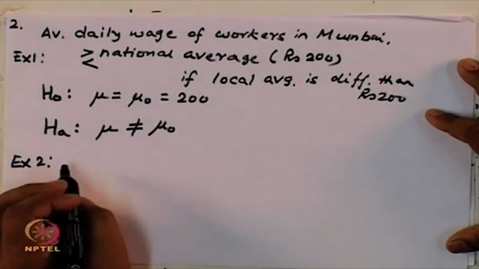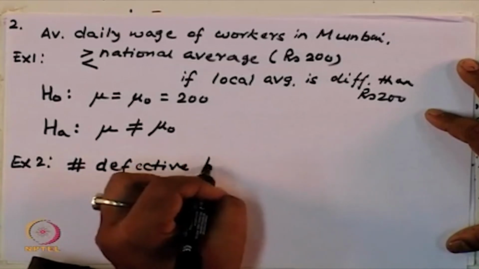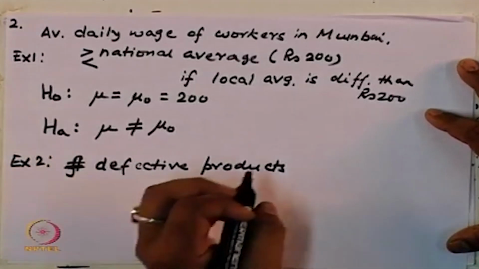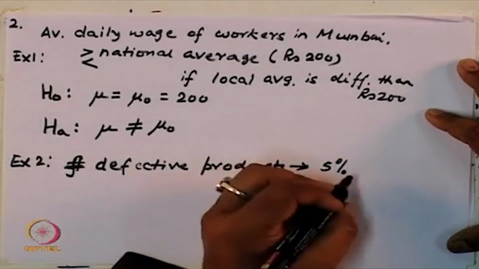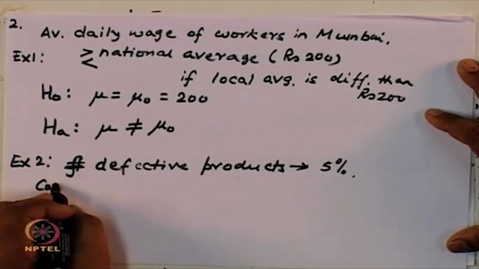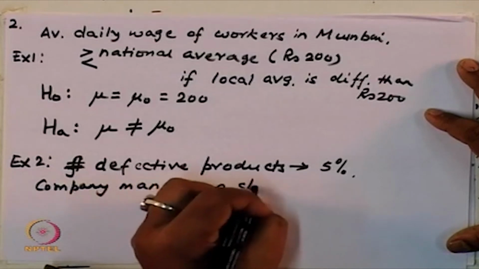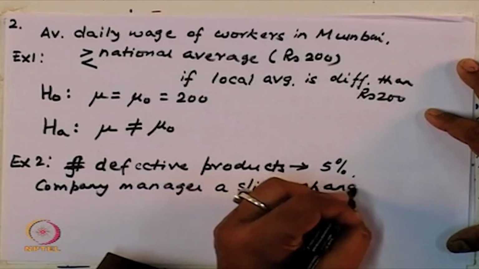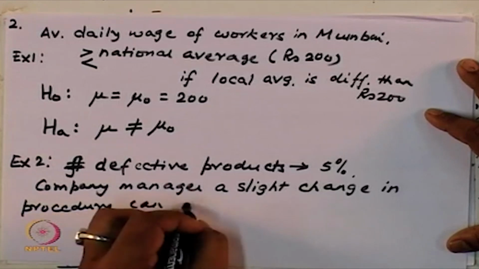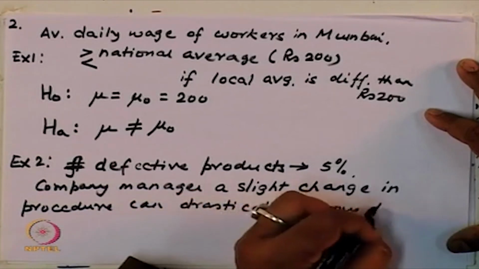Imagine you have the number or fraction of defective products, let us say the fraction of defective products made by a company in a particular line is roughly 5%. The company manager feels a slight change in procedure can drastically improve the productivity.